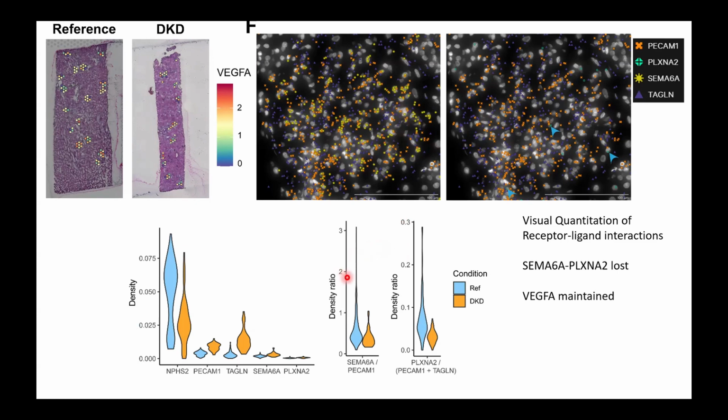And then what we did, not using cell type annotation but the entire glomeruli, was look at the density of those transcripts. You can see that relative to the transcripts of endothelial cells, because you have to remember that the number of endothelial cells increases, there's a decrease of SEMA6A, and also, relative to the endothelial and mesangial markers, there's a decrease in the expression of PLXNA2 in the condition of diabetes. Again, validating what we identified before with the single nucleus data.